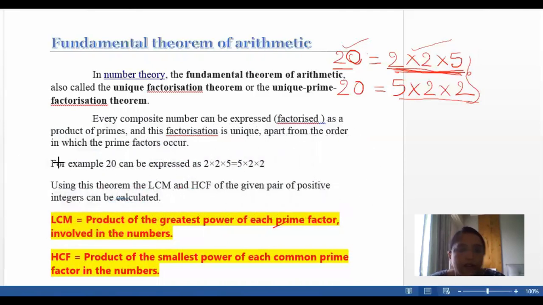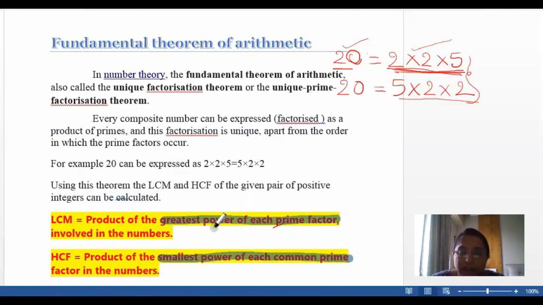So here LCM is the product of the greatest power of each prime factor, and HCF is the smallest power of each common prime factor.